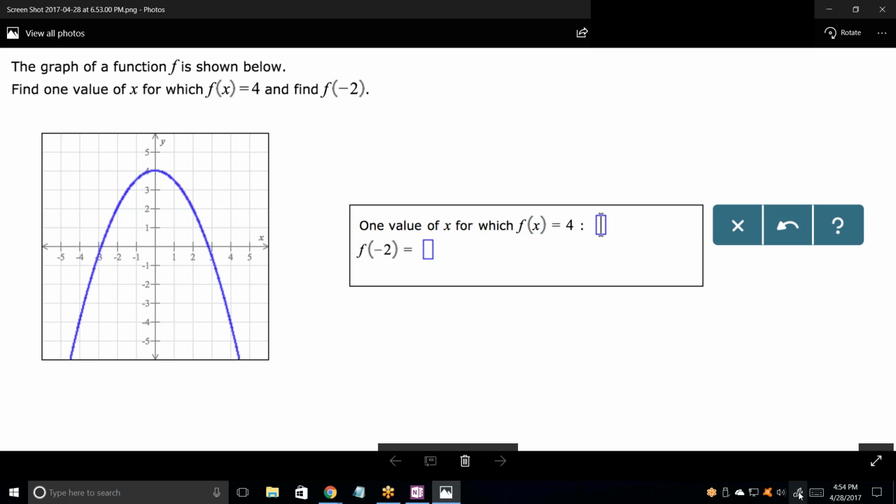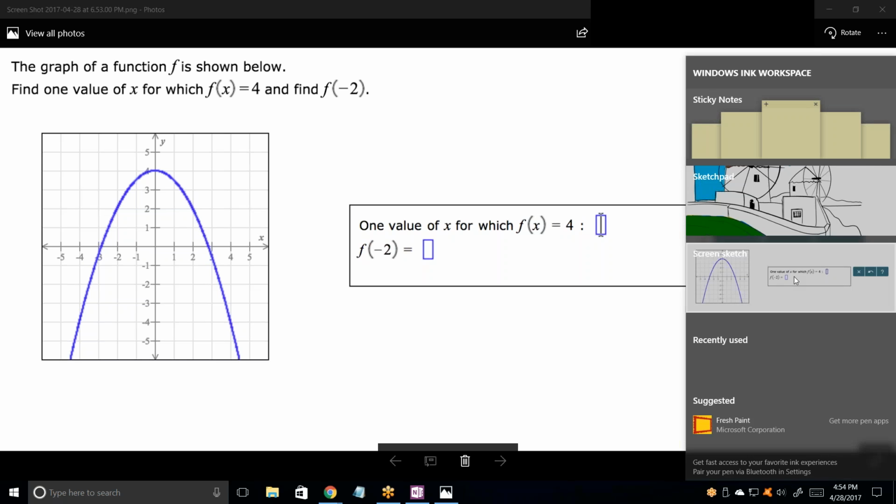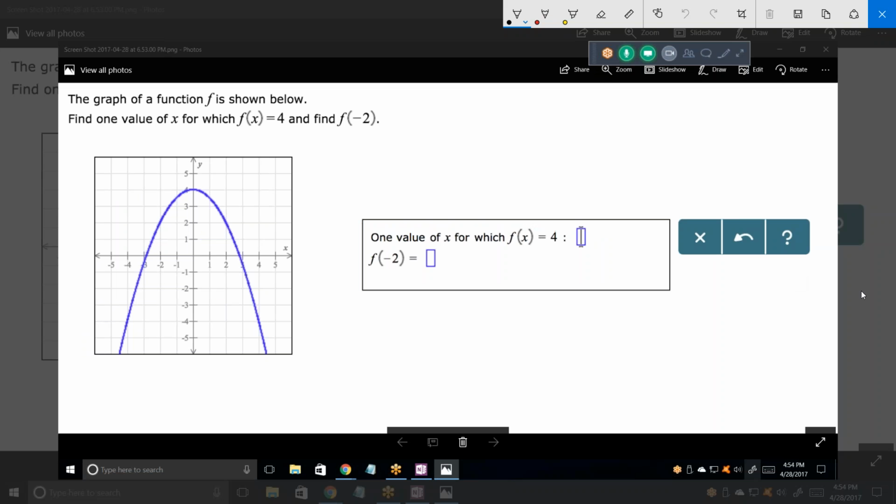All right, what does it want you to do? Okay, hold on, let me read it one second. So, what's one value of x for which f of x equals 4?